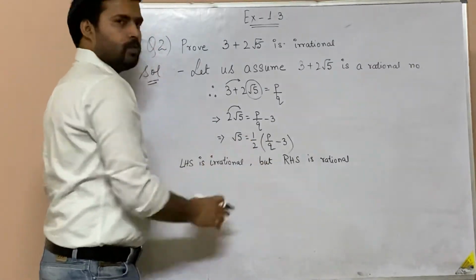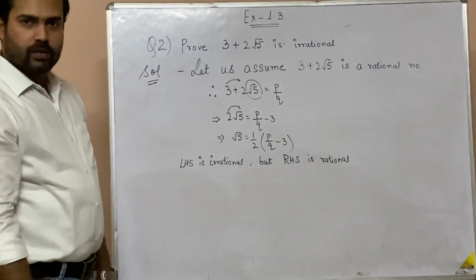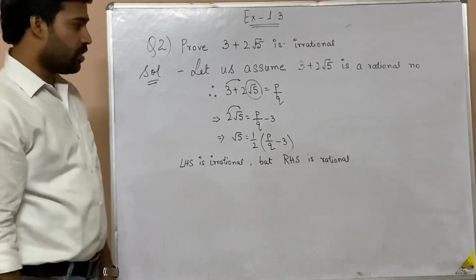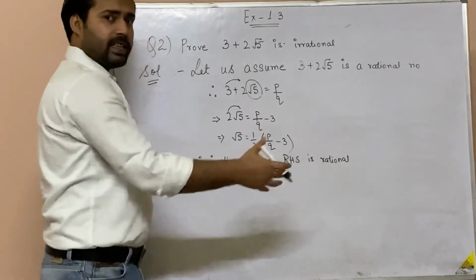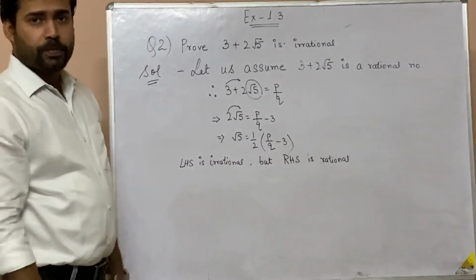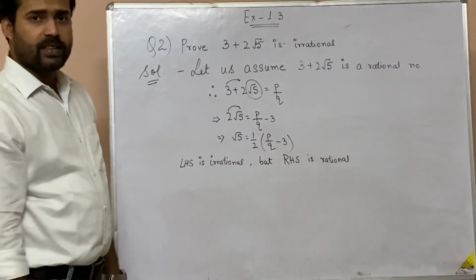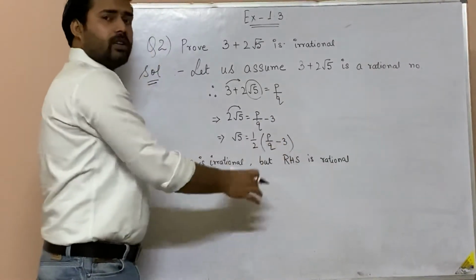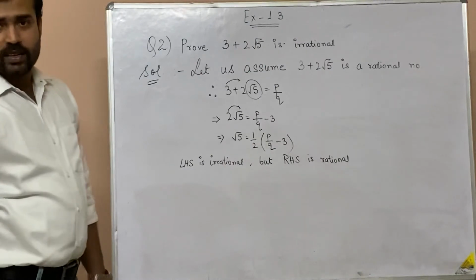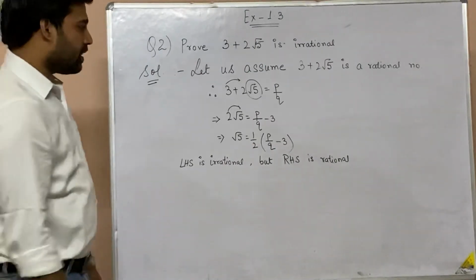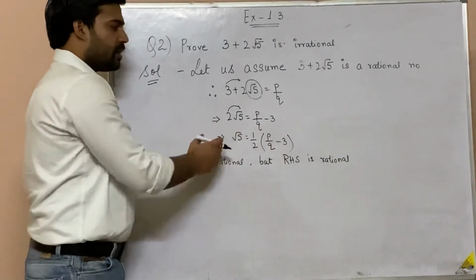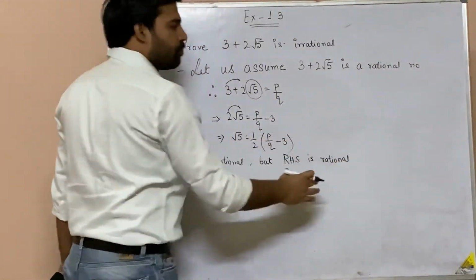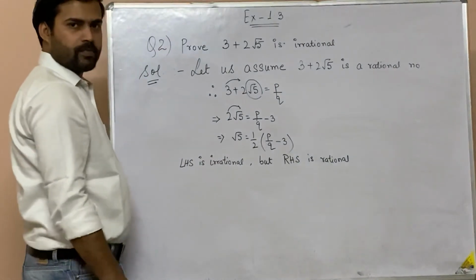Neither 2 nor q is equal to 0, so this fulfils the criterion that q should not be equal to 0. And the numerator is once again in the form of p, an integer, negative or positive, whatever it is. The ultimate thing is that this part does not contain any irrational number. Whatever irrational was there, we have put onto the left hand side, but the right hand side is rational. So an irrational number and a rational number can never be equal.